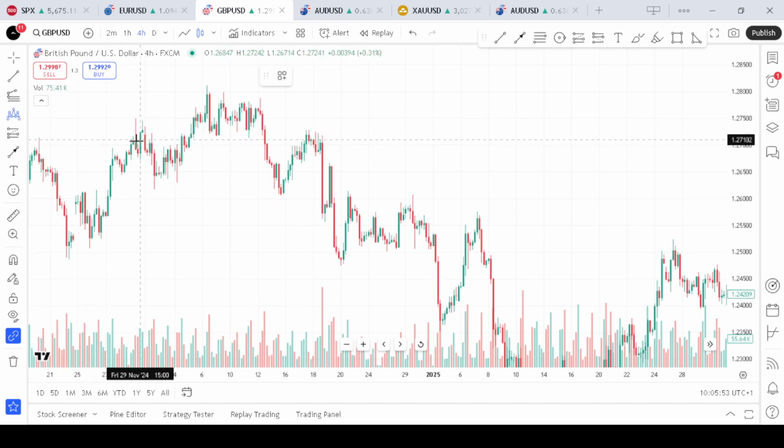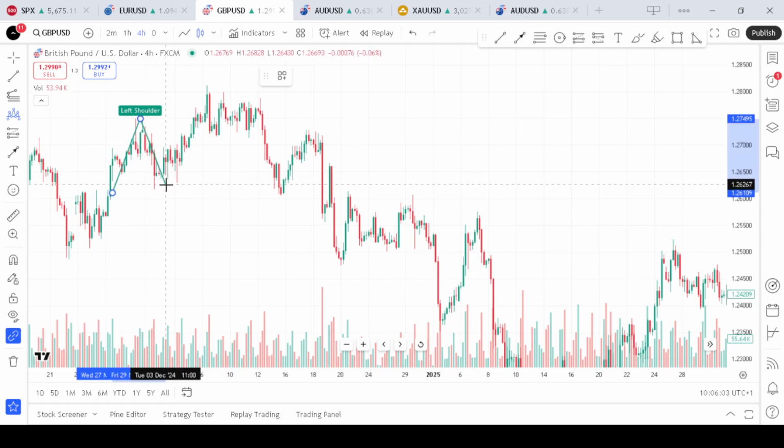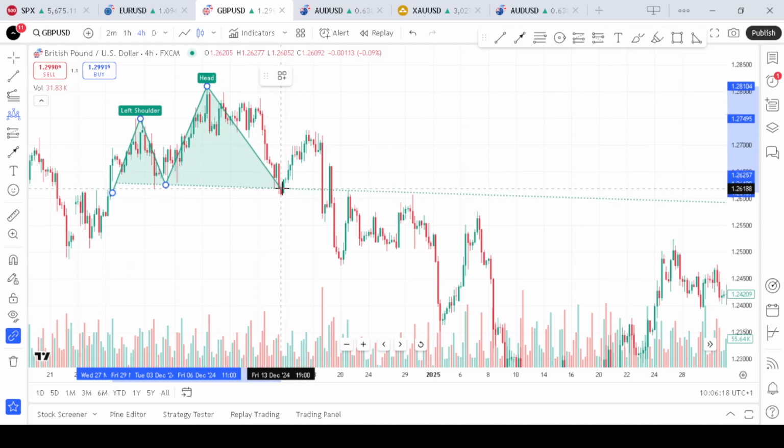The left shoulder is when price rises to its peak and then declines. This is probably the left shoulder. Then the head: the price ascends again, reaching a higher peak before it declines once again. This is basically what the head is.